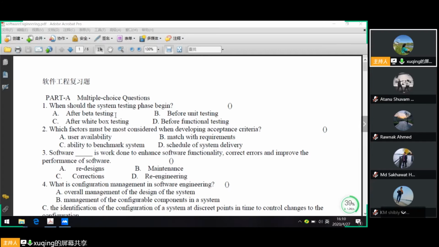And what's the relationship between beta testing and, for example, unit testing or functional testing? Please repeat your question. I say what's the relationship between beta testing and unit testing or functional testing?